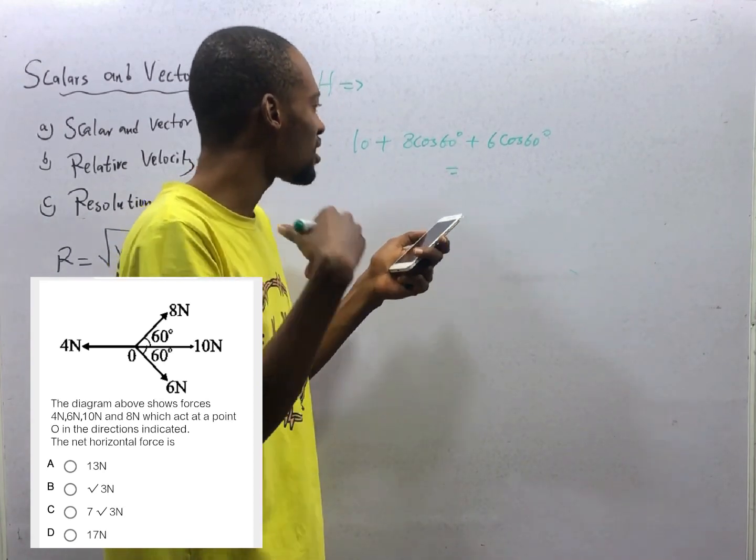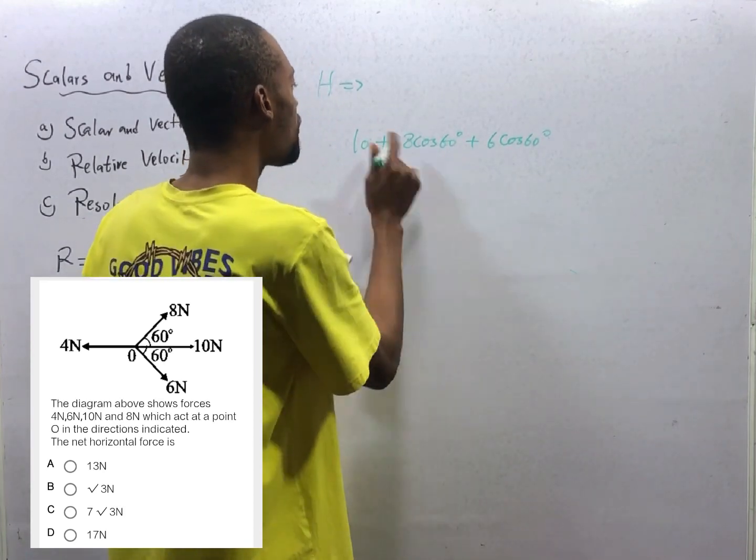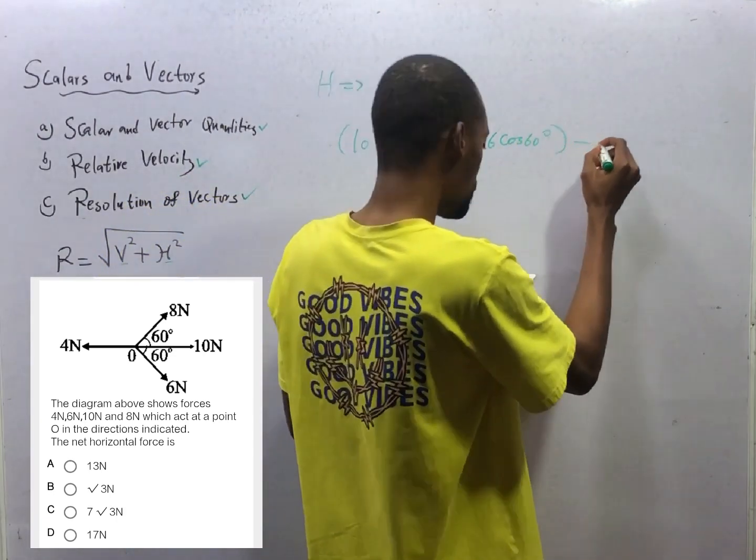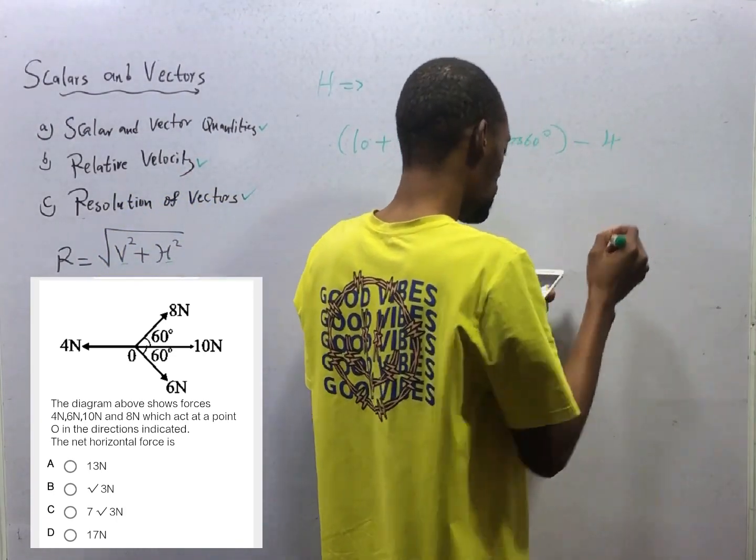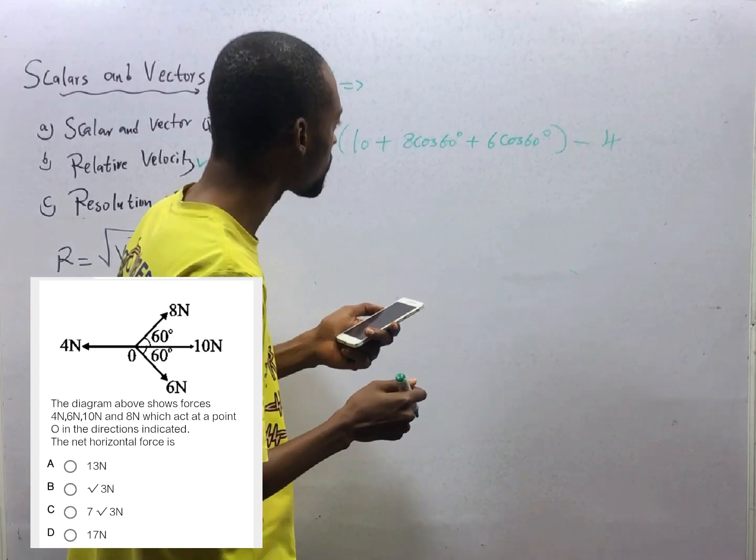But the 4 Newtons is acting in opposite direction. It therefore means everything here minus 4 Newton, which is acting in the opposite direction.